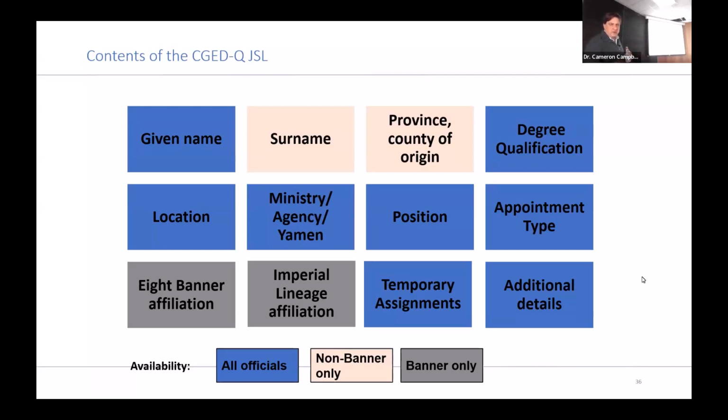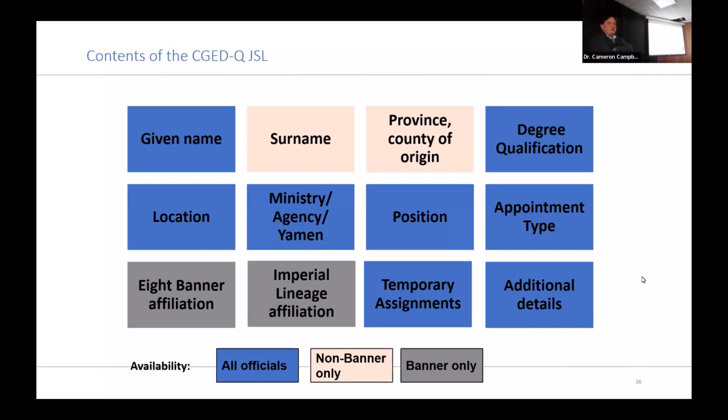I'll mention that one of the distinctive features of the data set, reflecting the quirks of the Qing state, was a clear distinction between officials that were called bannermen, that is, affiliates of the 8 banners. Membership in the 8 banners was a hereditary status based on descent from somebody who had participated in the conquest army that formed the Qing in 1644.